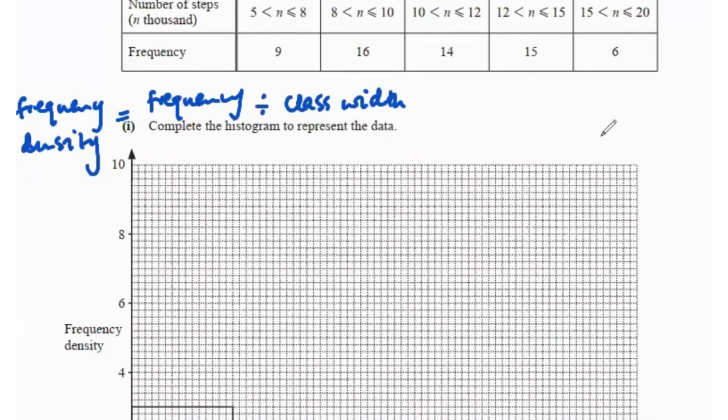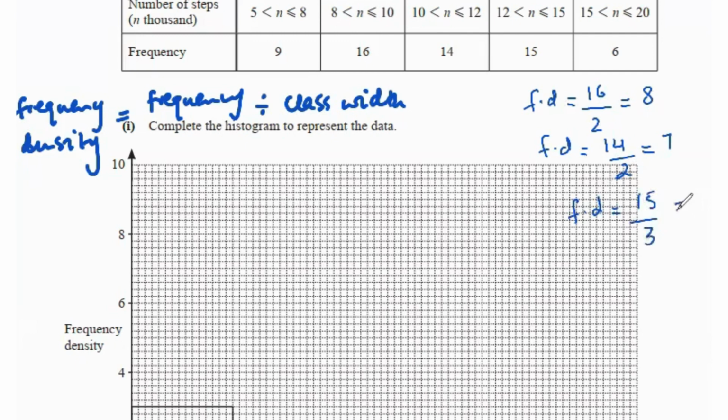So for 8 to 9, frequency is 16 and the class width is 2. That's going to be 8. Then for the next interval, frequency is 14 and the class width is 2, so that's going to be 7. Then for the next one, frequency is 15 and the class width is 3, so that's going to be 5.